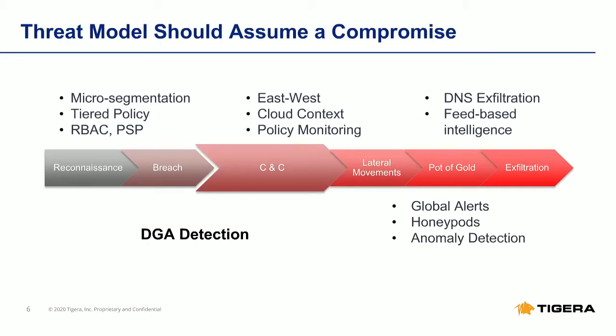At Tigera, we assume that the organization is already breached because there are n number of scenarios this can happen. So you can see most of our defenses are designed towards detecting an attacker, and they can be used for prevention as well. So today's focus is command and control servers. Command and control is itself a multifaceted topic.